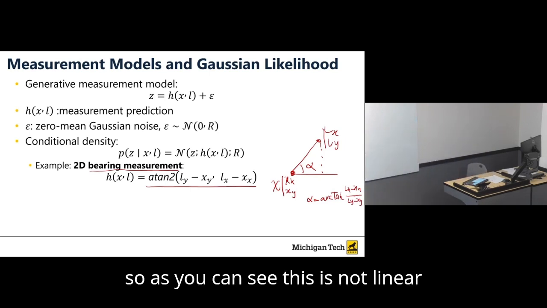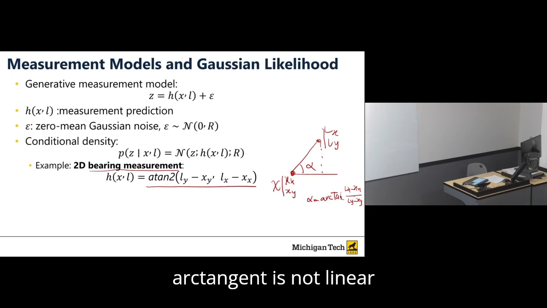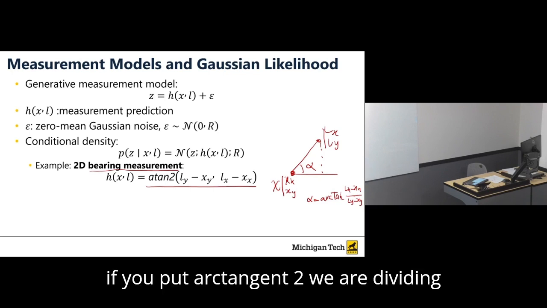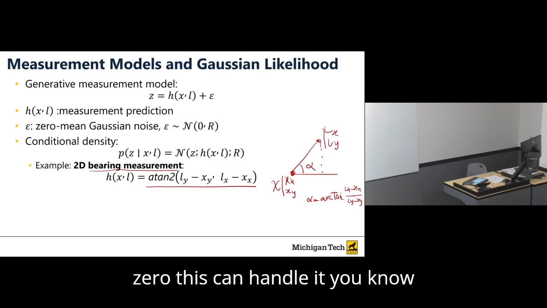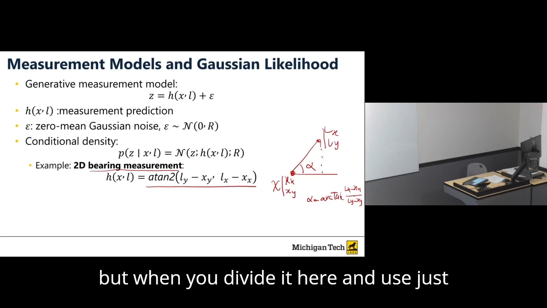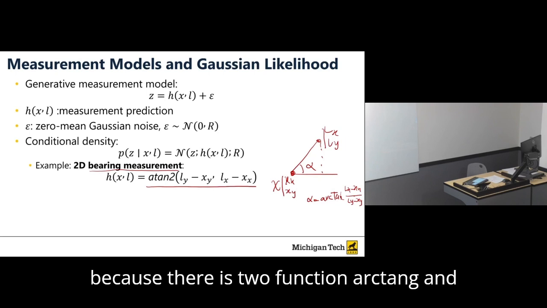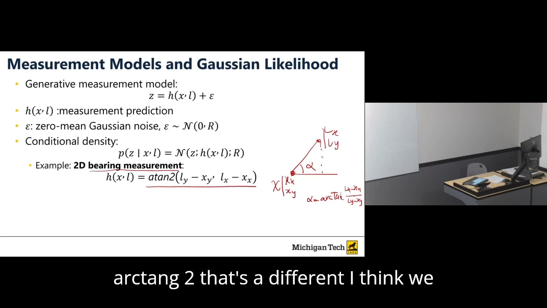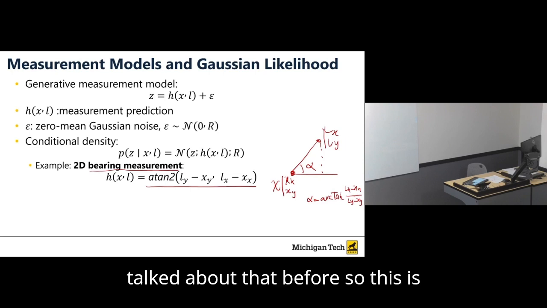As you can see, this is not linear. Arctangent is not linear. With arctangent 2 we handle the division where the denominator becomes 0. That's the difference between arctan and arctan2. I think we talked about that before.